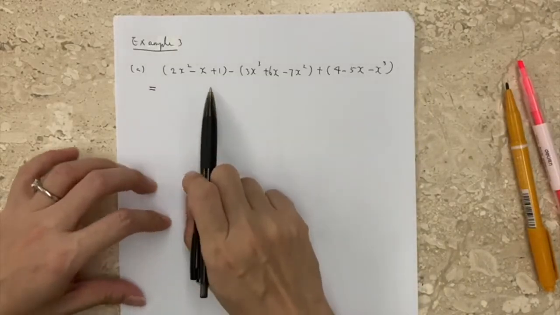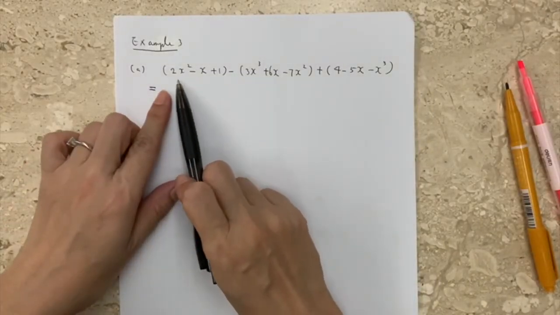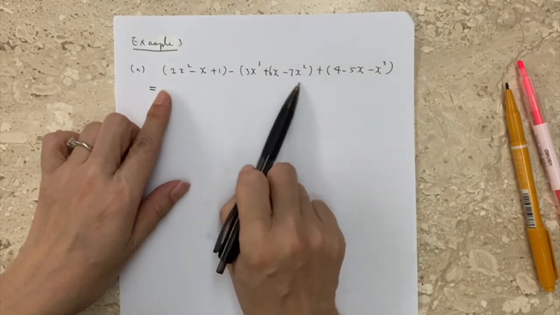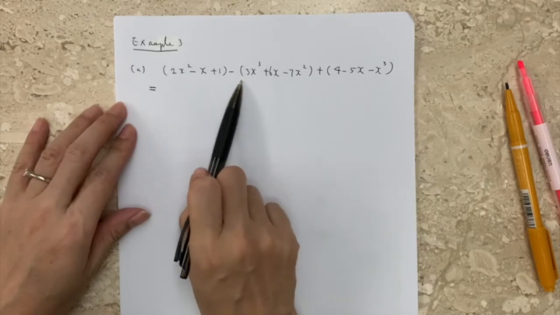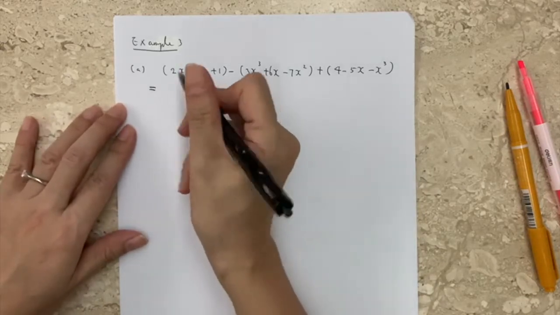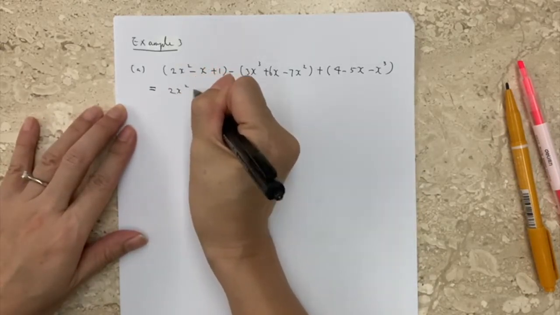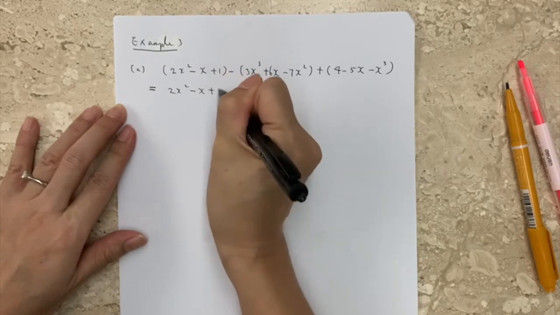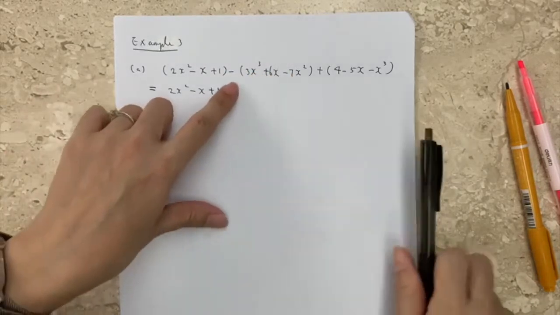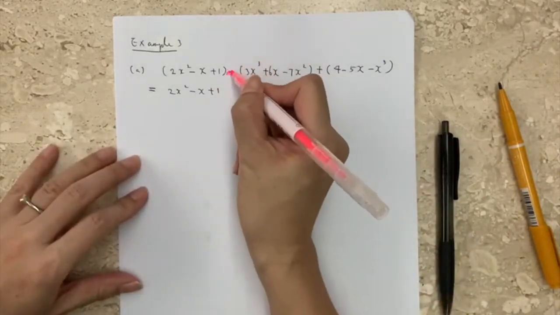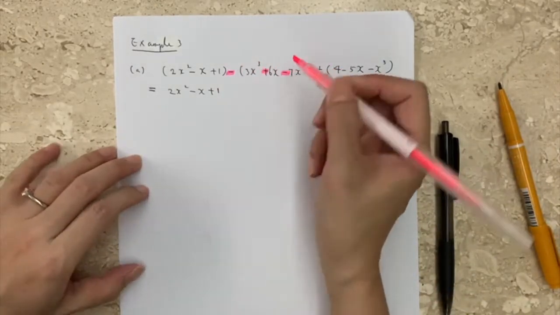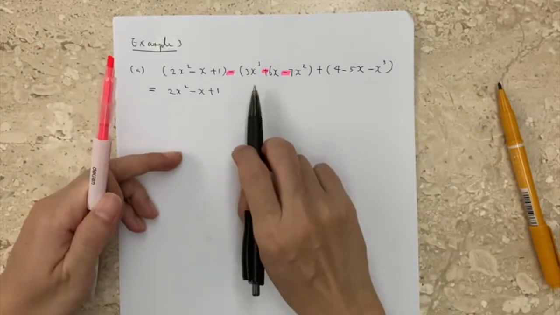Okay, so next, example 3a. This is a polynomial, and then minus another polynomial, plus another polynomial. Again, the first step, we remove brackets. So that would be 2x squared minus x plus 1. Here we have a negative, so whenever we have a minus here, be very, very careful about the sign after we have removed the bracket.